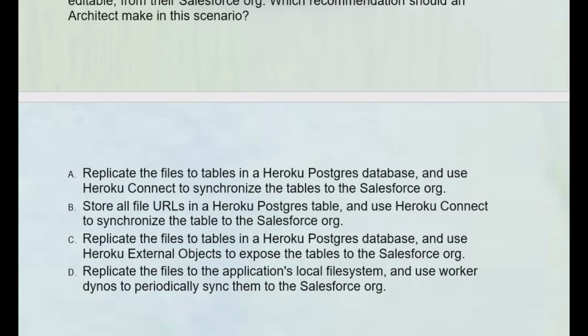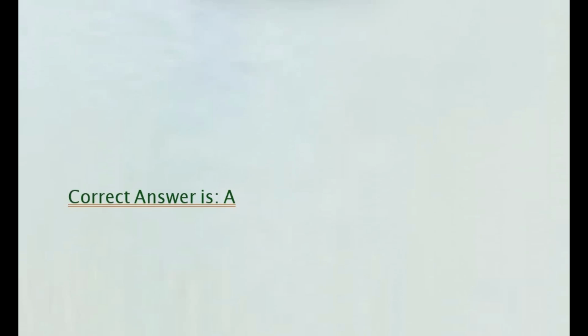Option C. Replicate the files to tables in a Heroku Postgres table and use Heroku external objects to expose the tables to the Salesforce org. Option D. Replicate the files to the application's local file system and use worker dynos to periodically sync them to the Salesforce org. Correct answer is option A.